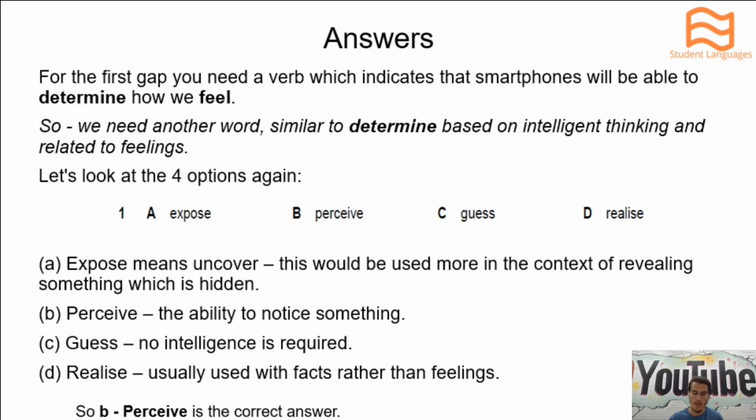I think that B, perceive, is the correct answer. Because what this is saying is it's the ability to notice something, or the ability to determine something based on intelligent thinking, and related to feelings.